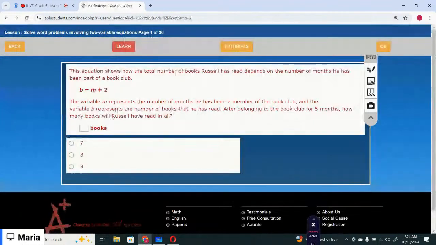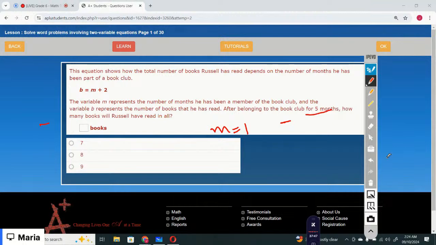The equation shows how the total number of books Russell has read depends on the number of months he has been part of a book club. B equals m plus 2. The variable m represents the number of months he has been a member of the book club, and the variable b represents the number of books that he has read. After belonging to the book club for 5 months, you are given the value of the variable m, right?